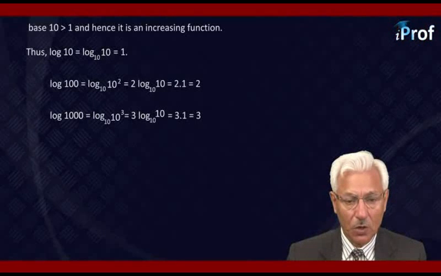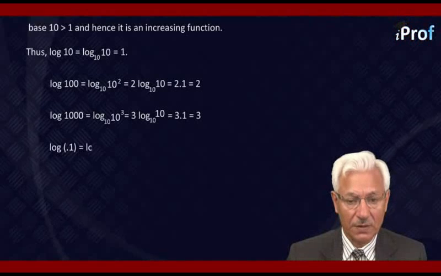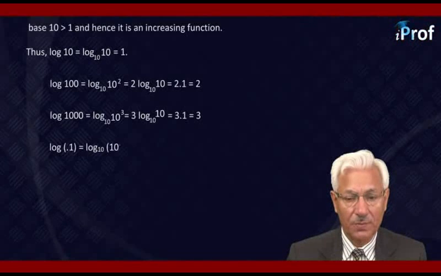Now if we take up log of 0.1, that means log of 1 by 10 or 10 raised to power minus 1 to the base 10 can be written as log of 10 to the base 10 multiplied by minus 1. So log 10 to the base 10 is 1, that is minus 1.